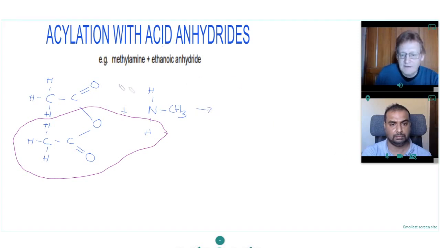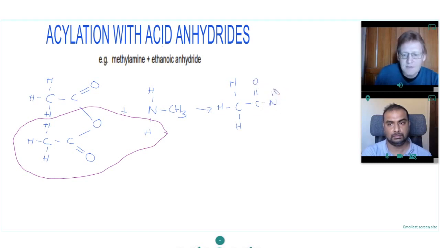And the rest of it joins together to form an amide, in this case an N-substituted amide. So if we just join the rest of this together, we've got the amide bond in the middle.